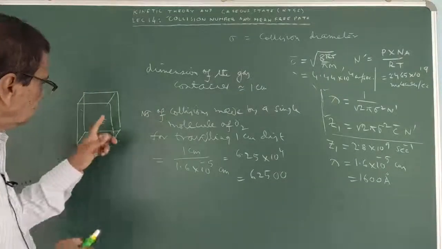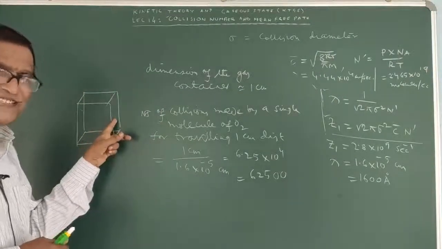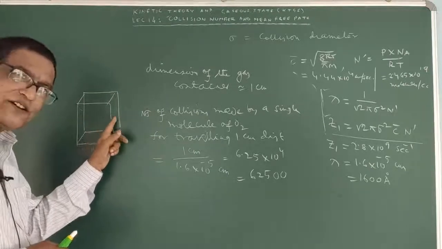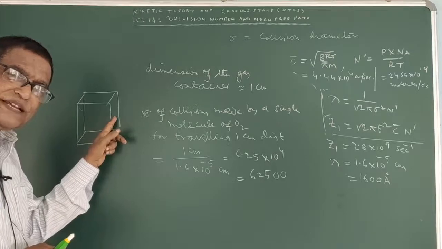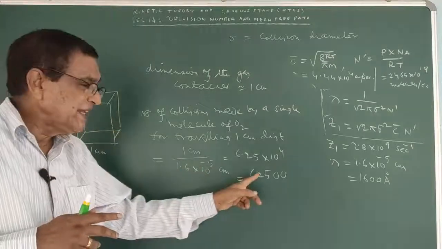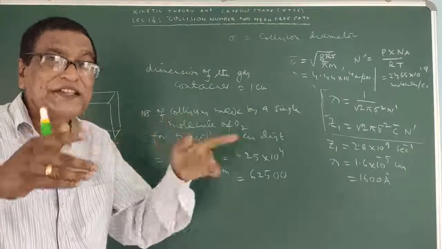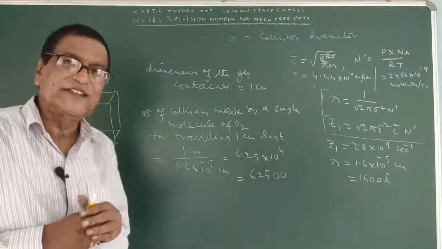Before going to this wall collision, the oxygen molecule suffered so many collisions with themselves. So this is very large.